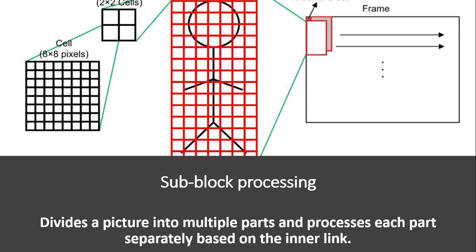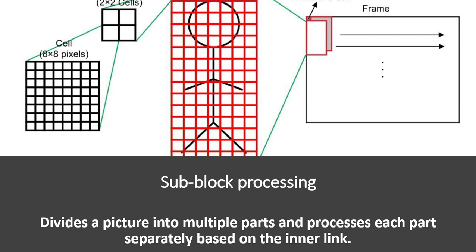And after that, we are going to use sub-block processing. As you can see, we can divide a picture into multiple parts and process each part separately based on the inner link. That means every single human picture or every single object picture has a different sub-block processing.